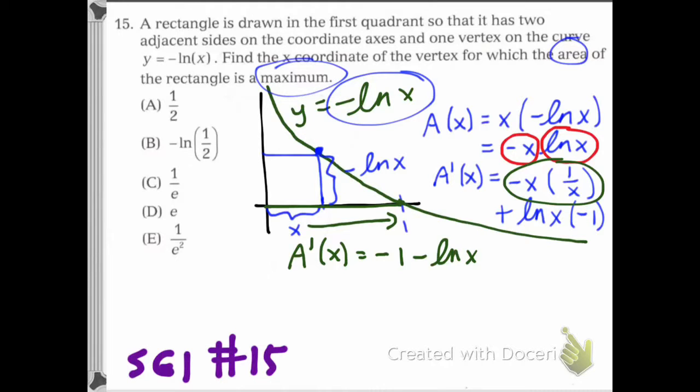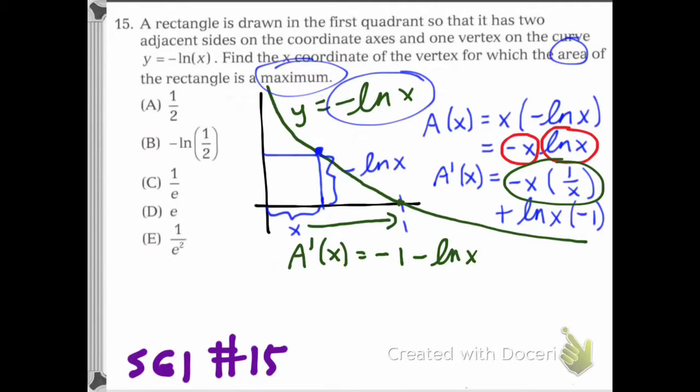So we can be pretty sure that whatever critical point we find for x that would make A prime equal to 0, that's going to yield a maximum area. You can prove that if you'd like to, but I'm just telling you that's the way it's going to be.